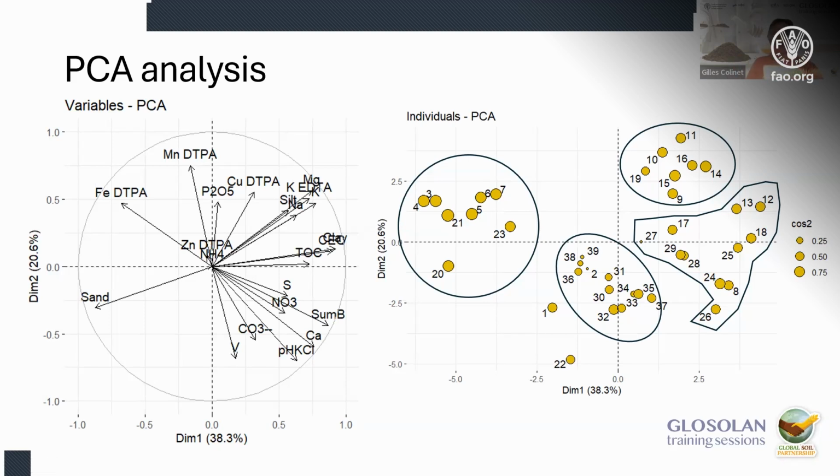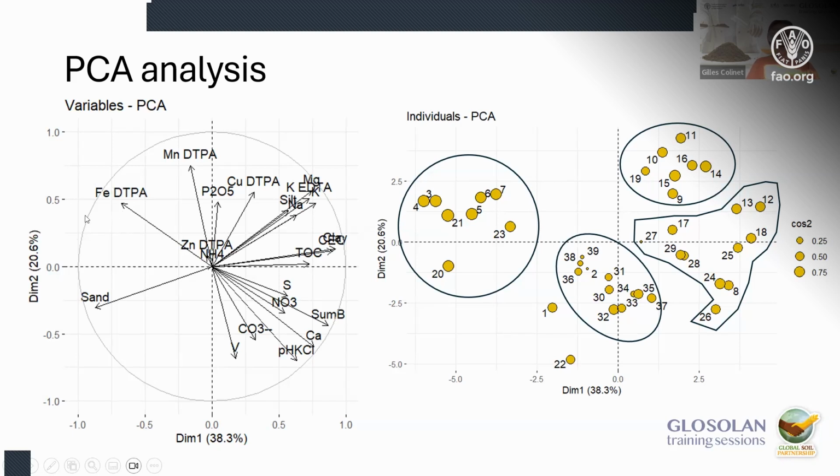And so here we just have a look at the first dimension, which is like that. And we see that there are elements that all push to the right. And so it means that the high value of these parameters will be in that part of the graph, and the low value will be in that part.